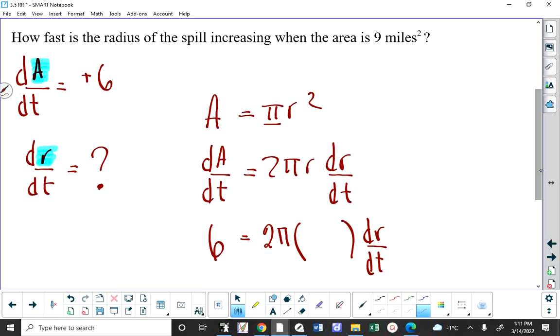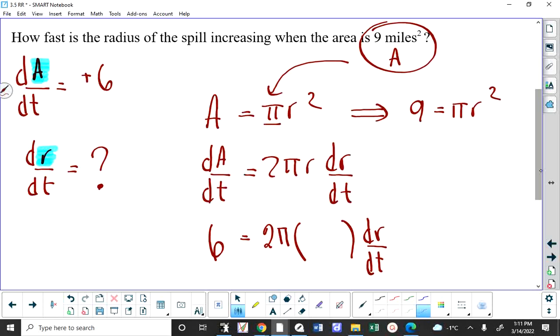It says when the area is 9 square miles. Well, we know the area formula is A equals pi r squared. So if I put 9 in for A, I have a formula that I can use to find the radius.